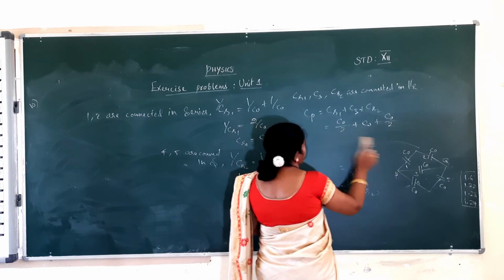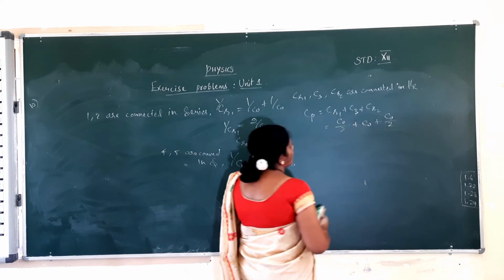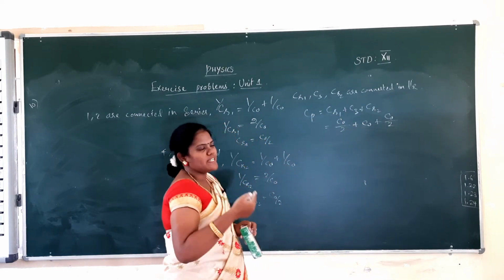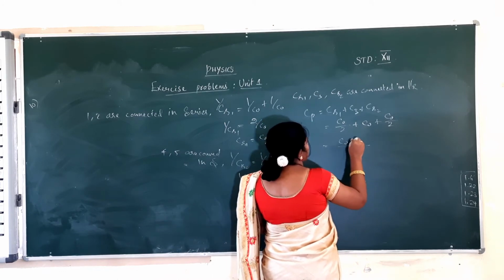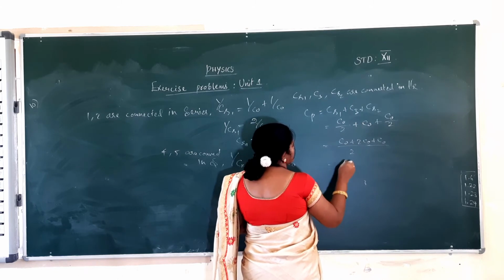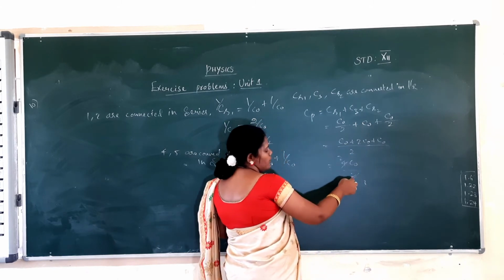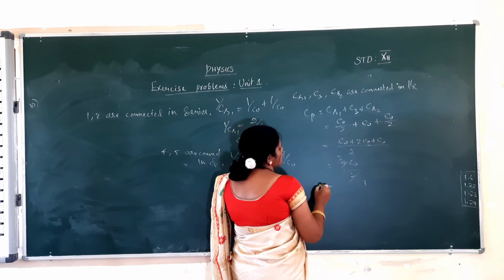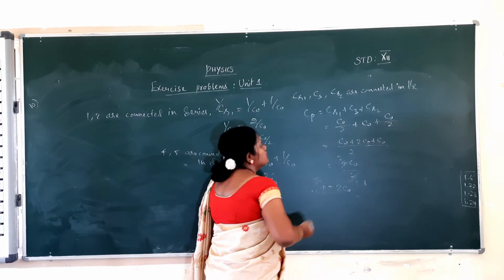Now, C0 by 2 plus C0 plus C0 by 2. So taking LCM, it is 2 C0 plus 2 C0 plus C0. Okay, so 4 C0 by 2. Then 1 2s are 2, 2 2s are 4. So Cp is equal to 2 C0. That is the effective capacitance for the last diagram.